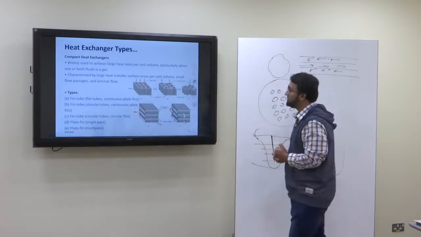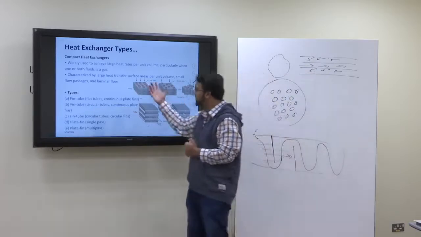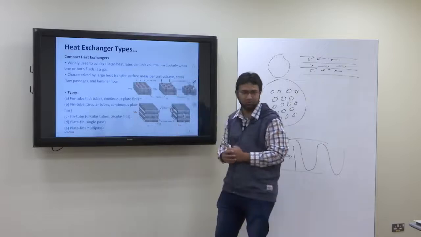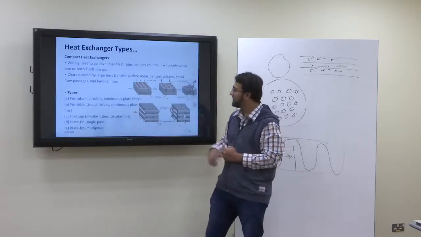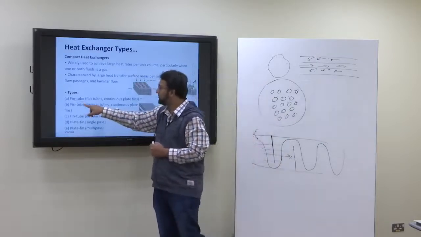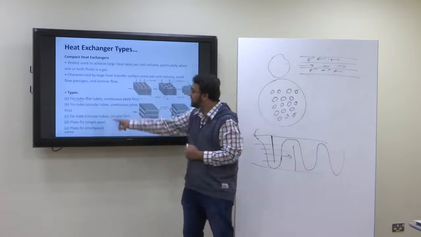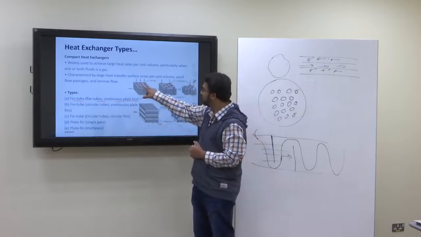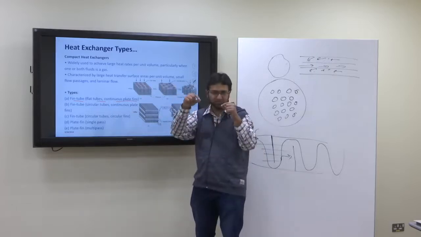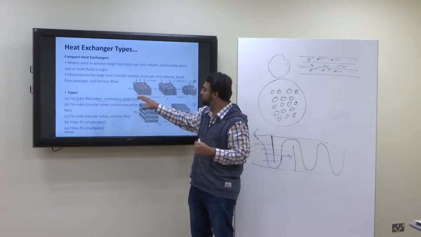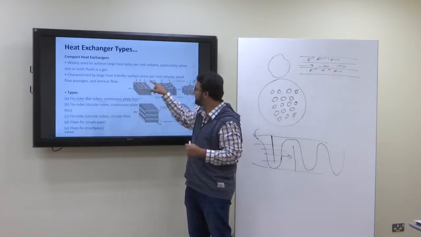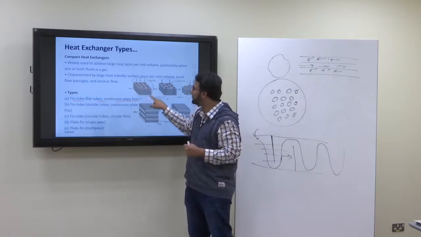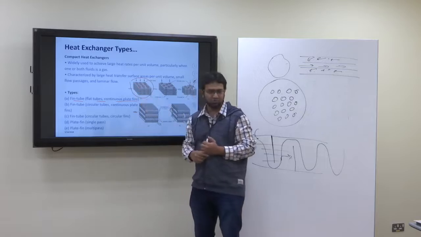Anyways, there are multiple types of compact heat exchanger. We can have a fin tube compact heat exchanger with flat tubes and continuous plate fins. These are the flat tubes, meaning rectangular shaped tubes, and these are the fin plates. It's similar to the cross flow type that you saw before.